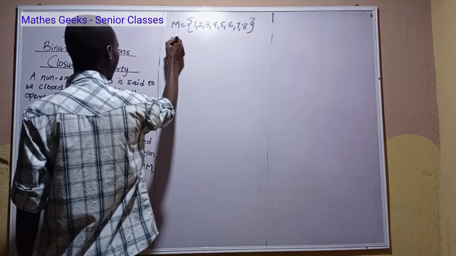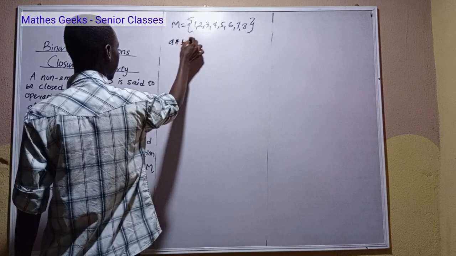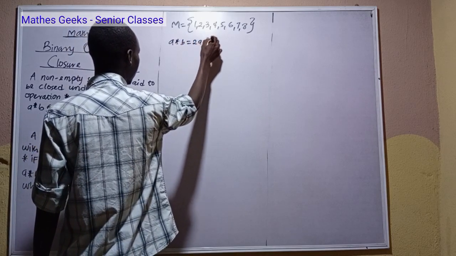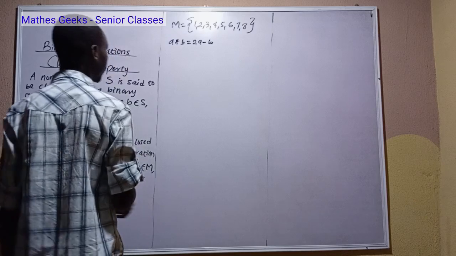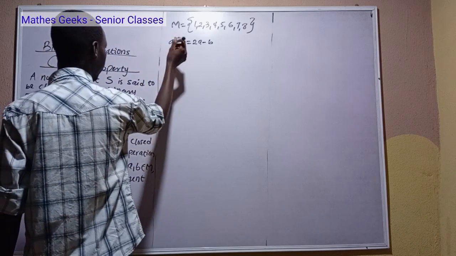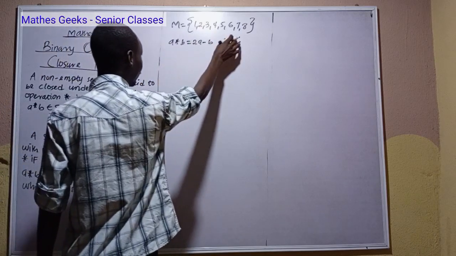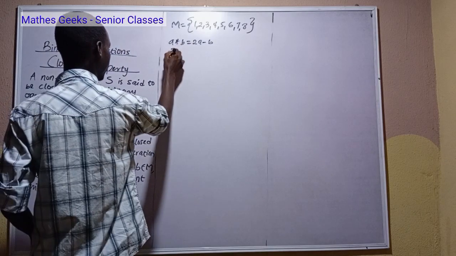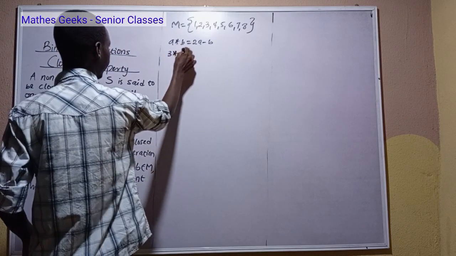So let's say A star B is equal to, let's assume, 2A minus B. Okay, let's pick randomly any two elements from the set M. So let's say 3 star 4.